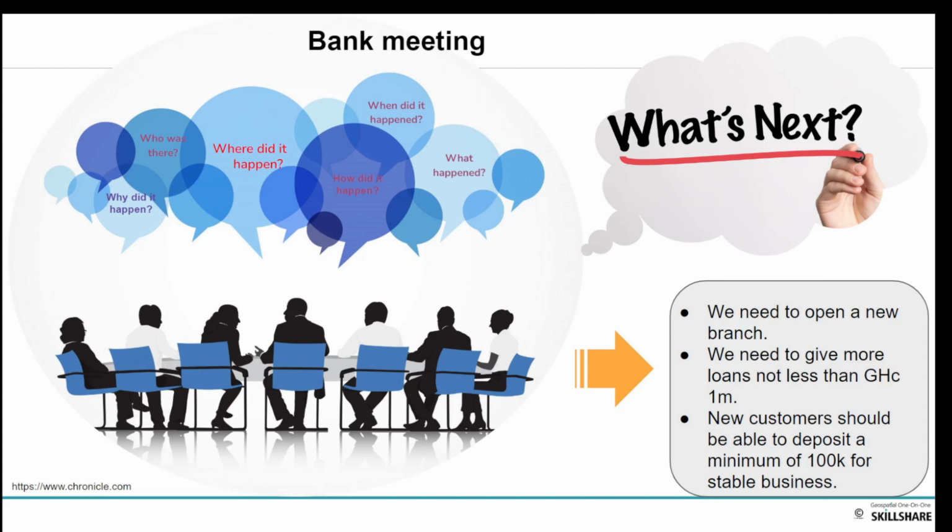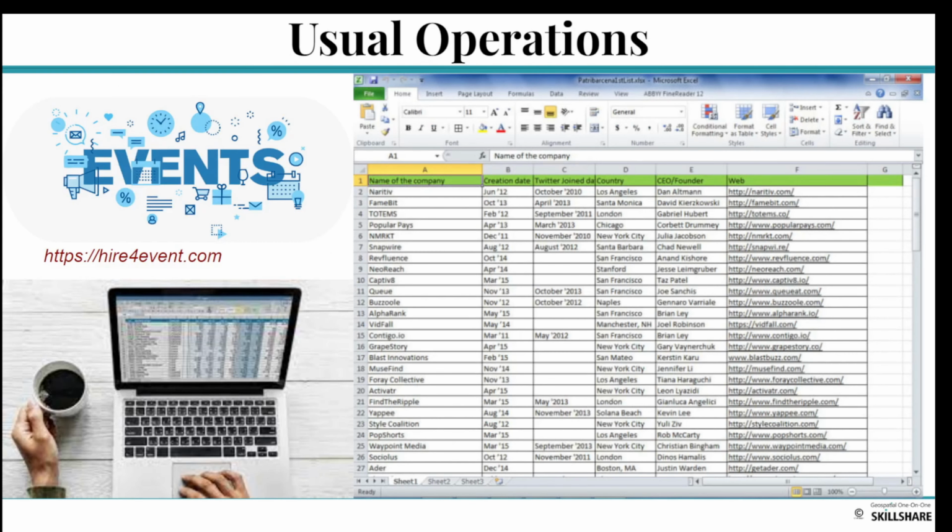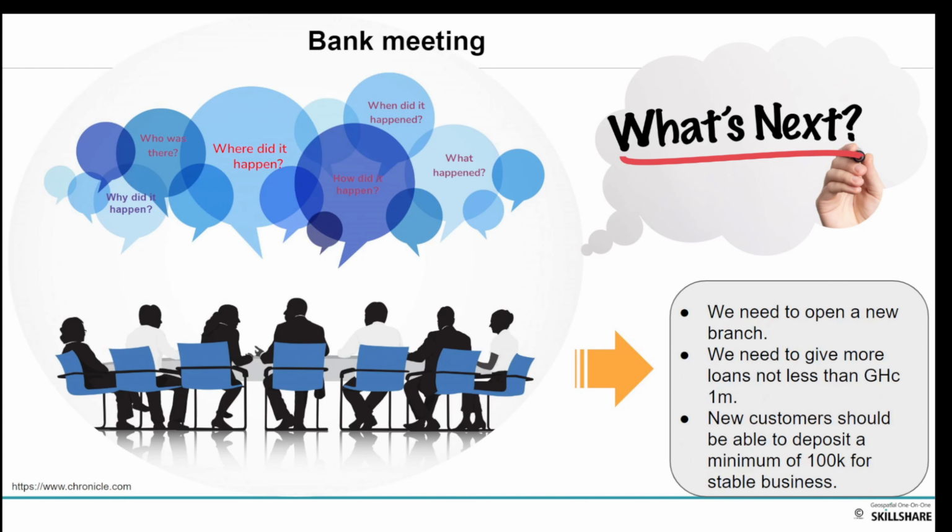But the data that we have seen, the Excel sheet that I showed earlier on, cannot give us answers to this question because it doesn't have information concerning the where. If you look at the data, it has information about a country. But if you go into the country, where do you start from?